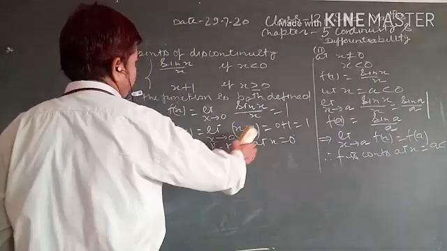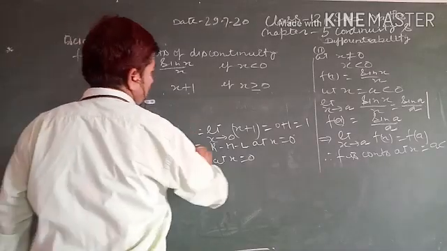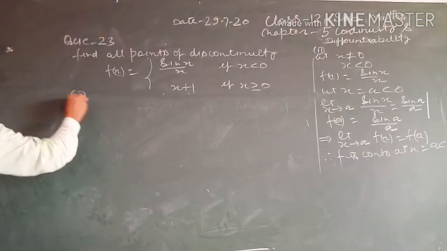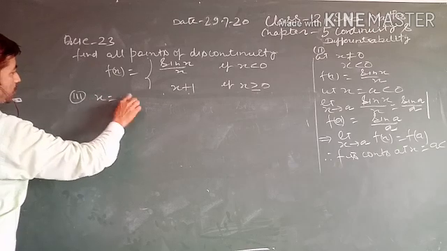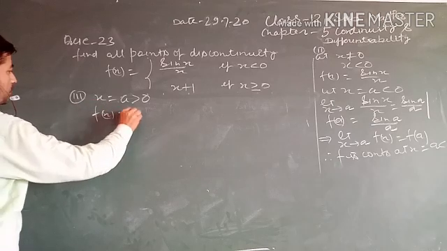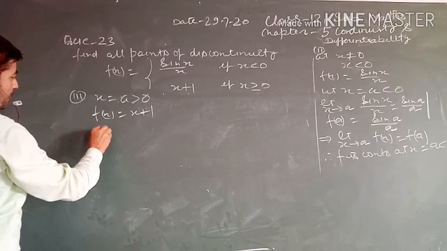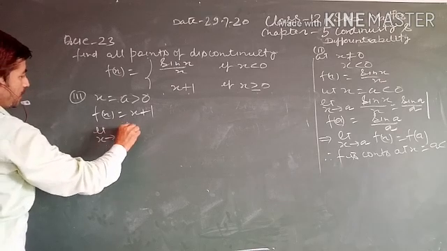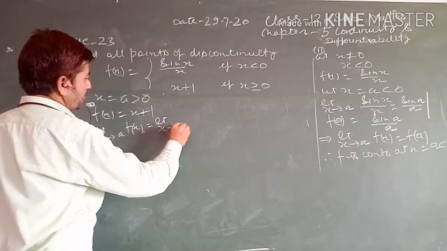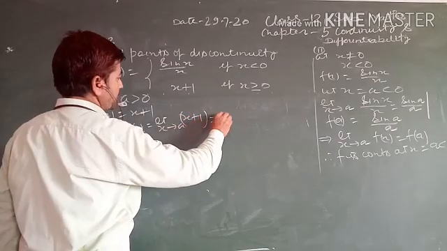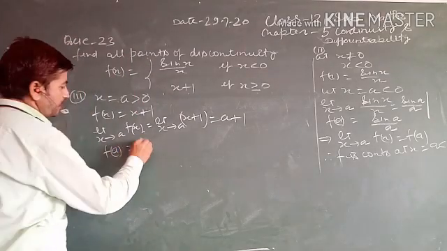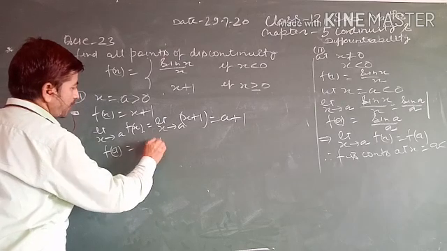Now, its third case, x equal to a greater than 0. f(x) equal to x plus 1, its limit value, limit x tends to a, f(x) equal to limit x tends to a, x plus 1, it is equal to a plus 1, and the value of the function f(a) is also equal to a plus 1.